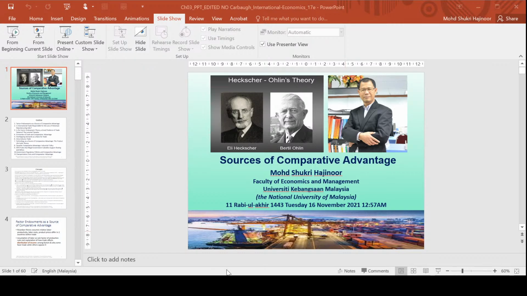A country exports the goods whose production is intensive in its relatively abundant factor. It imports, on the other hand, the goods whose production is intensive in its relatively scarce factor. US exports to China are mostly transport equipment, agriculture products, computers.